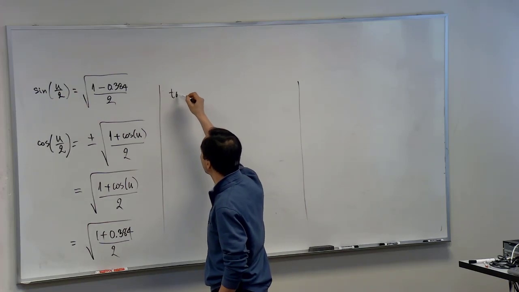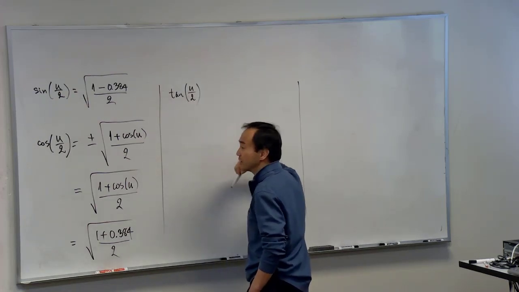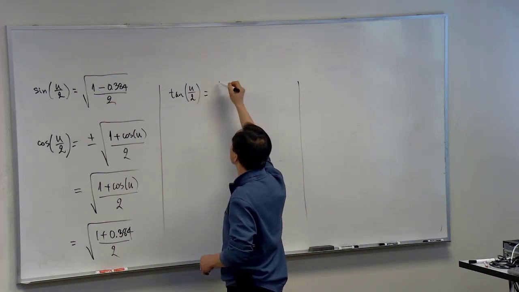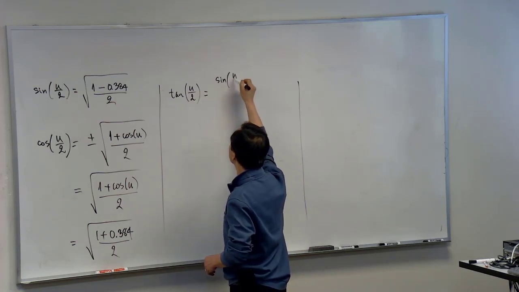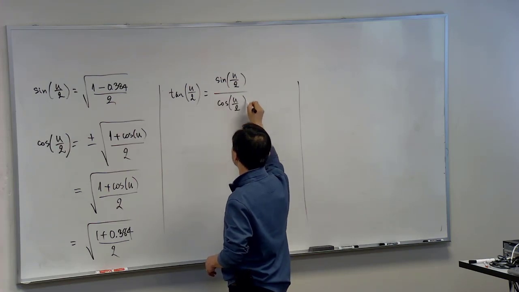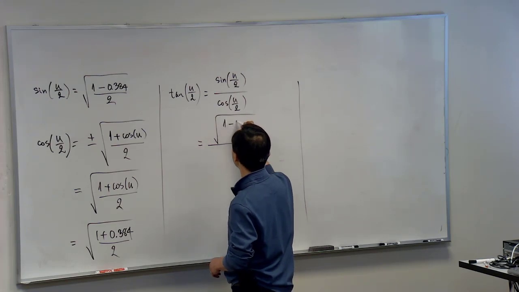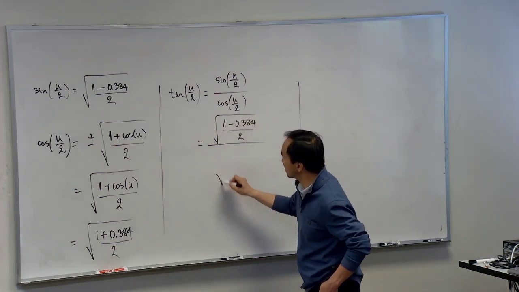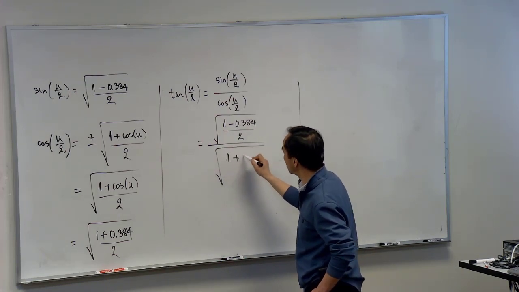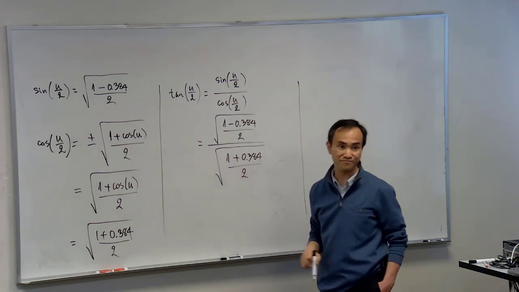So tangent of half angle, and I wrote it down earlier on the other board. Let's just repeat it. So we need the sine of u over 2 divided by cosine of u over 2. Now we found the sine of u over 2 was that big square root of 1 minus 0.384 over 2, and then we're dividing by another square root expression, 1 plus 0.384 over 2 in the denominator.